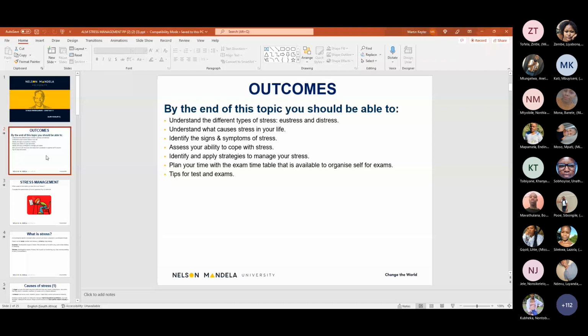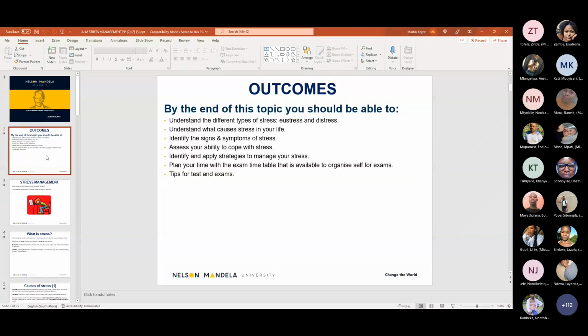Identify the signs and symptoms of stress. What is important is that you cannot be in denial if you are experiencing stress. You need to be aware if your body indicates certain symptoms, and you pick up certain signs that, yes, I am now under stress.